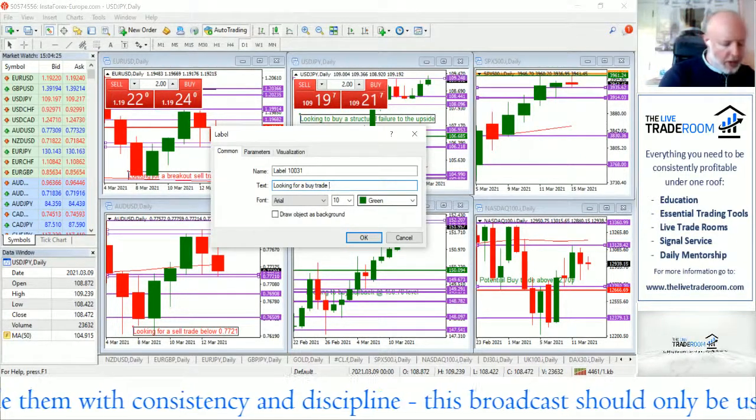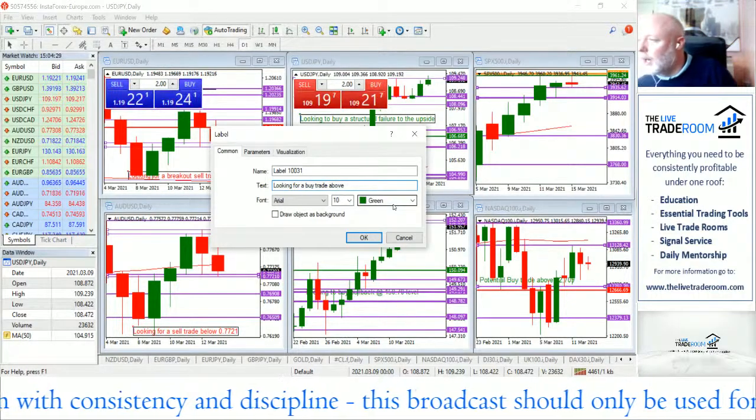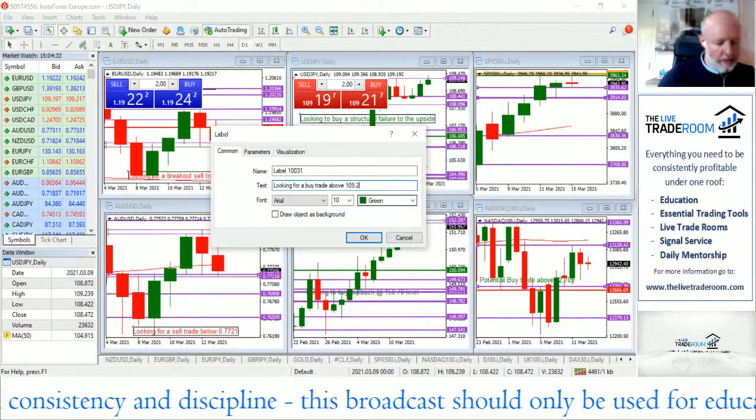Looking for a buy trade above. It'd have to be this little swing high in here, 109.24.